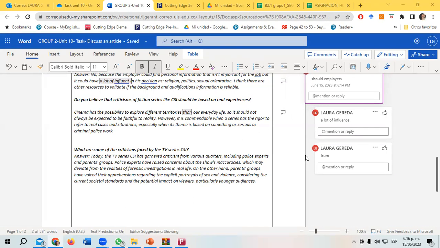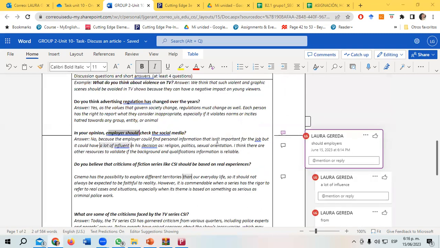On the other hand, parents groups have voiced their apprehension regarding the explicit portrayal of sex and violence, considering the current societal standards and the potential impact on viewers, particularly younger audiences.